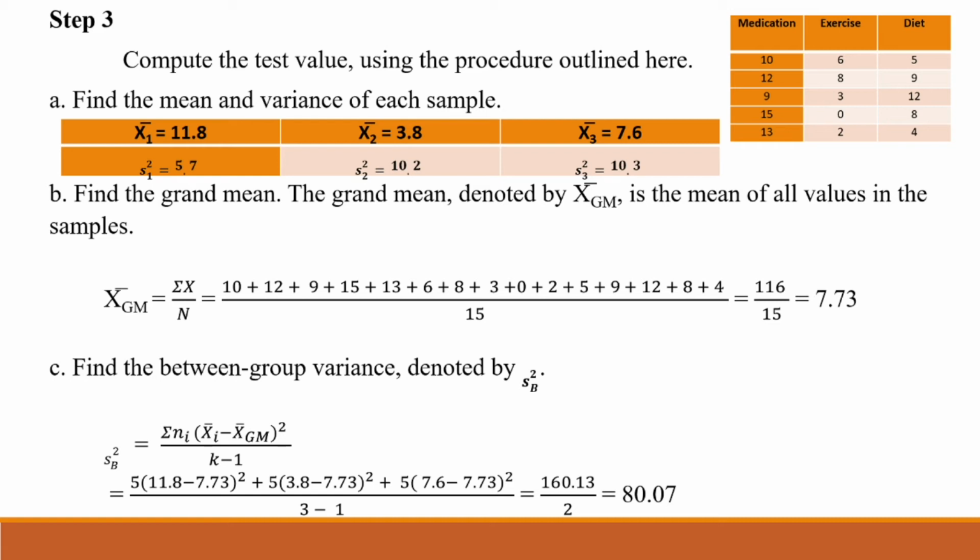So, yung 3 natin is yung number of group. Kaya naging 160.1 divided by 2. So, yung between group variance natin is 80.07.